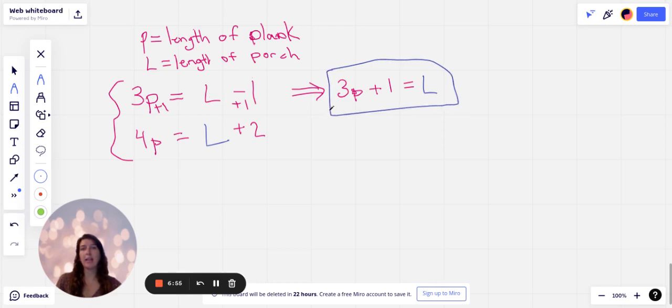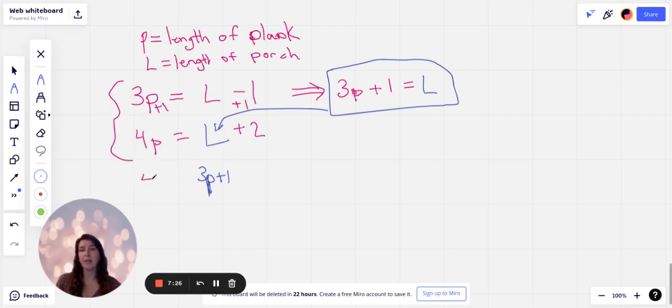I'm going to take this and plug it in to this L value. So instead of L, I'm going to write 3P plus 1. Okay, that is a P. And then my other part of my equation, say I got 4P equals L plus 2.